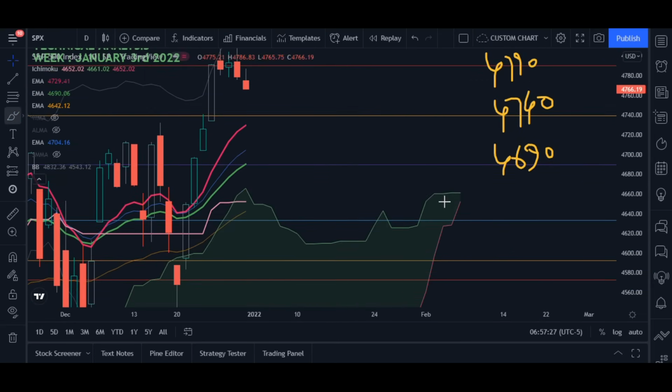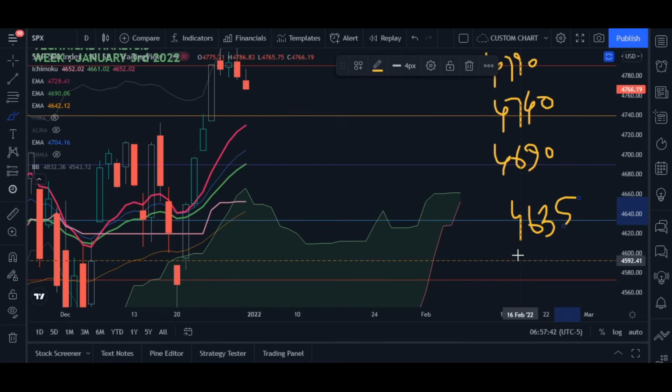Further we have 4635, then 4590, then immediately 4572.